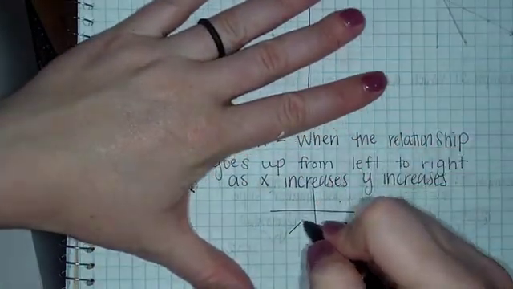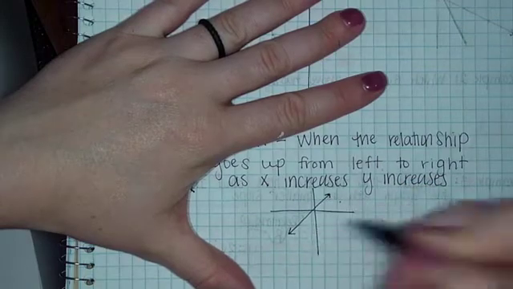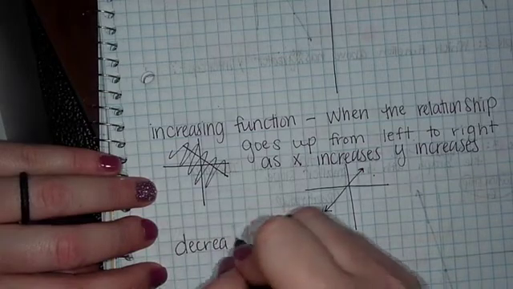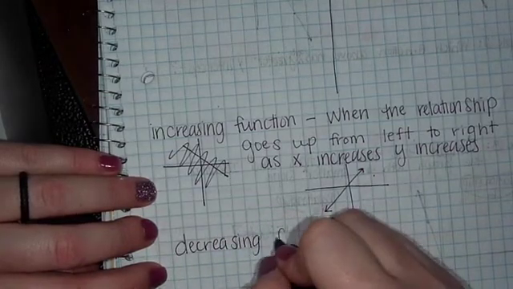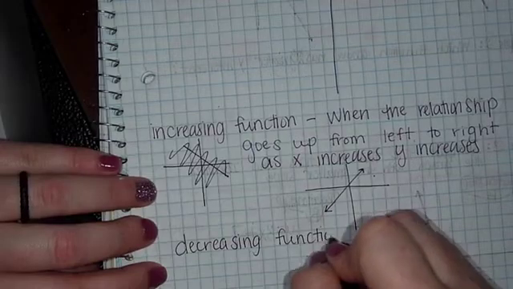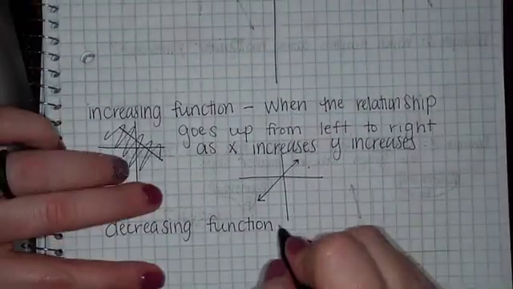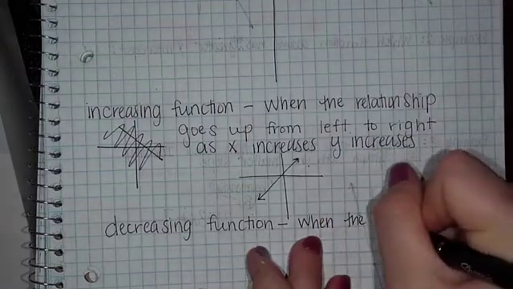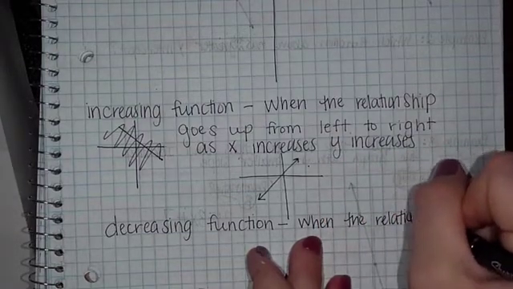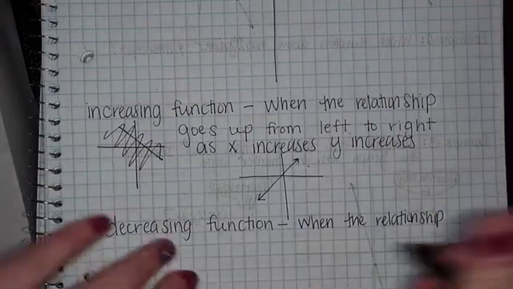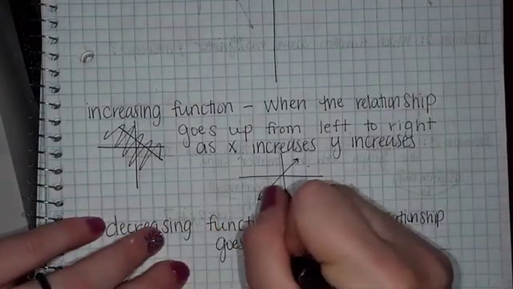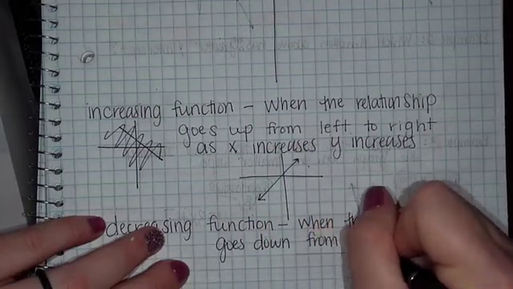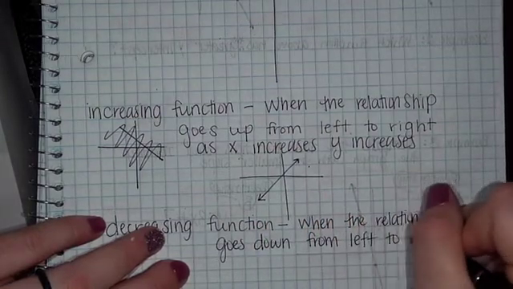So an increasing function looks like that. Now let's write decreasing function. Okay, so a decreasing function is when the relationship goes down from left to right.